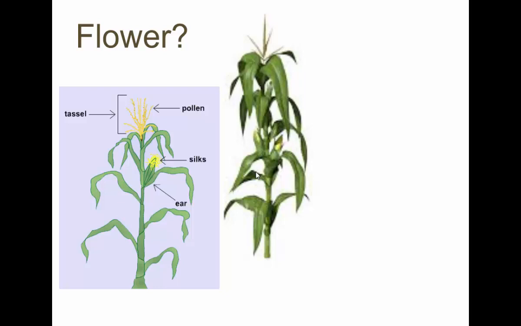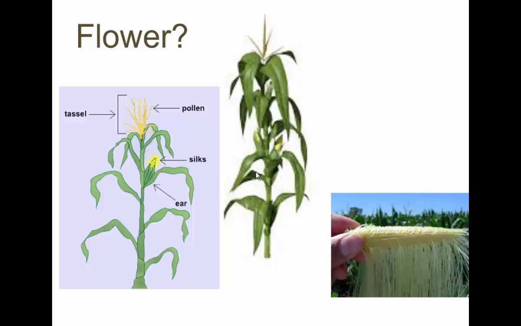And what might tell you that this is wind pollinated? Yeah, they're long, they're exposed to the air, so as the wind blows, it's going to blow some of that pollen away.